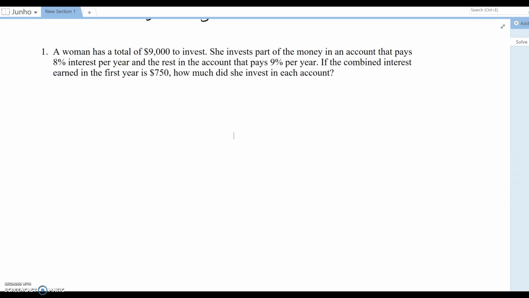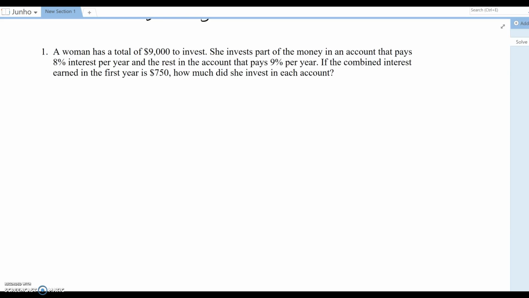Okay, so when you look at this question, you need to find two different pieces of information. One will be her invested money. The other will be the interest earned. Now, how do we set up the investing amount?